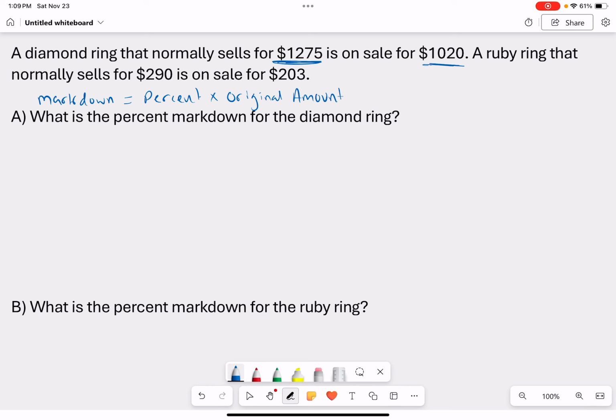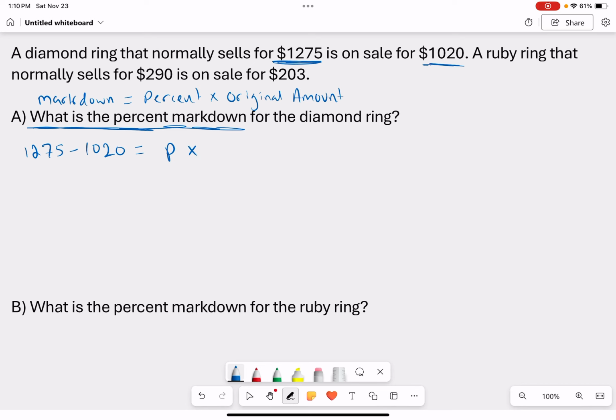In this case, it went down. So I'm going to write that down as 1,275 minus 1,020 is equal to, we'll figure that out in a moment, the percent. Does it give me a percent? No, it doesn't, because it's asking me what is the percent markdown. So I'm just going to put P in place of percent. Then I'm going to be multiplying by some original amount.